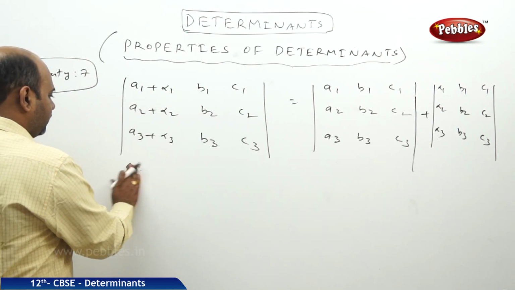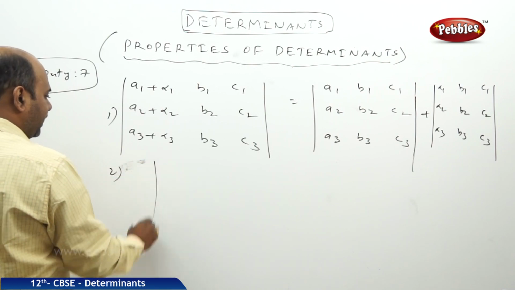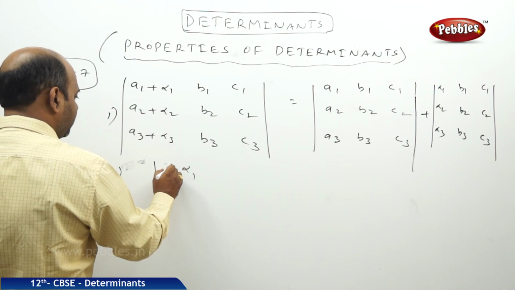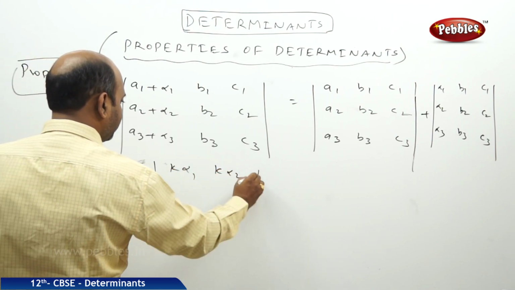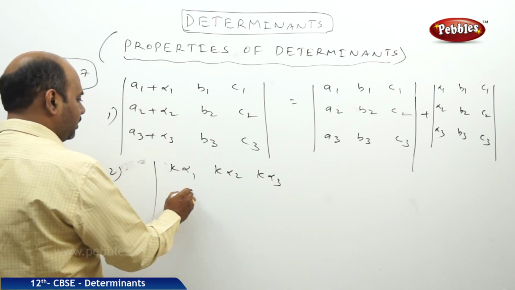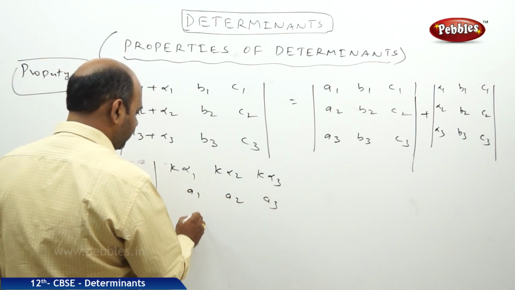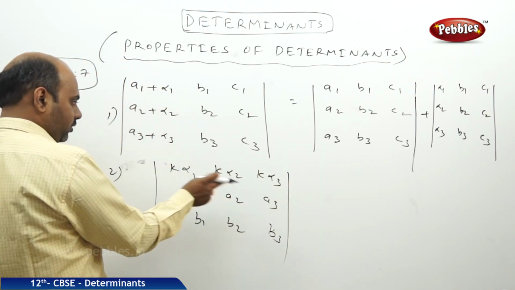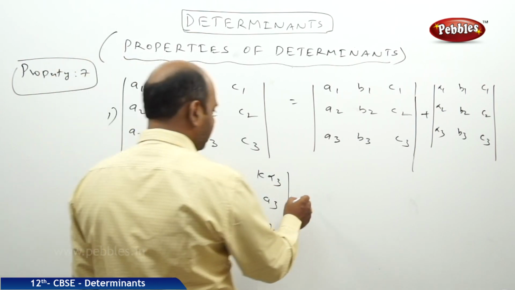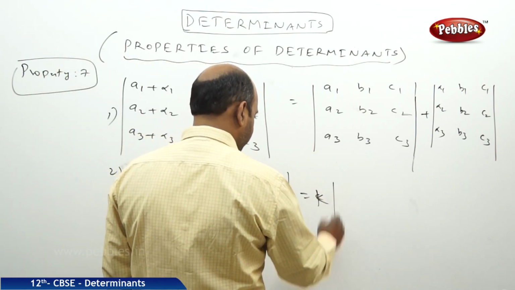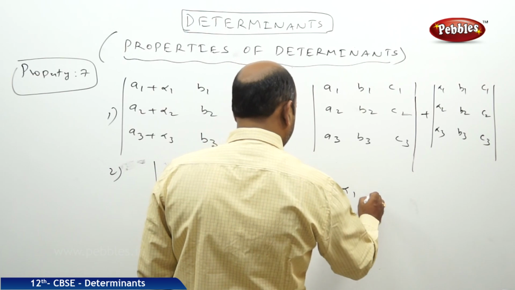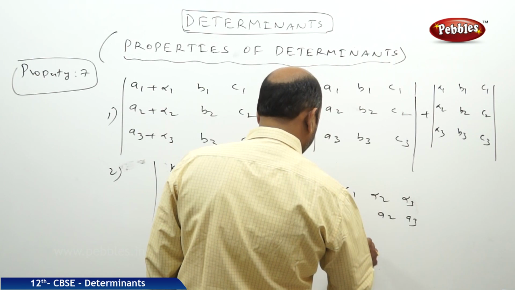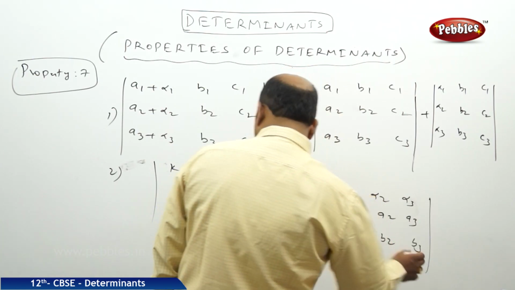Sometimes you may get like this: K alpha 1, K alpha 2, K alpha 3, and A1, A2, A3, B1, B2, B3. That means the first row has been multiplied with a scalar k, then that k you can take outside. So then alpha 1, alpha 2, alpha 3, and A1, A2, A3, B1, B2, B3.